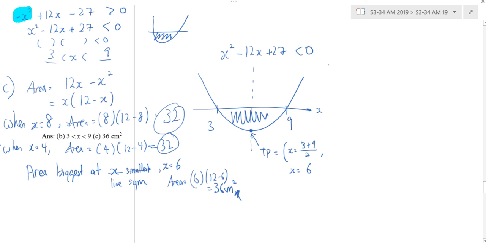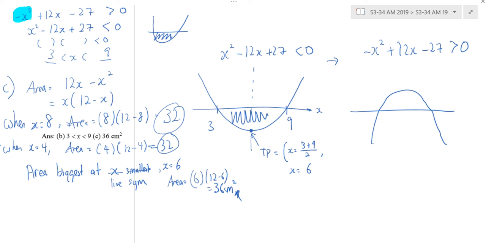By right, the equation is minus x squared plus 12x minus 27 is more than 0. That means this equation by right is like that one, because there's a minus x squared. But never mind, I change the minus x squared back to plus x squared, so you will forever draw a smiley face.